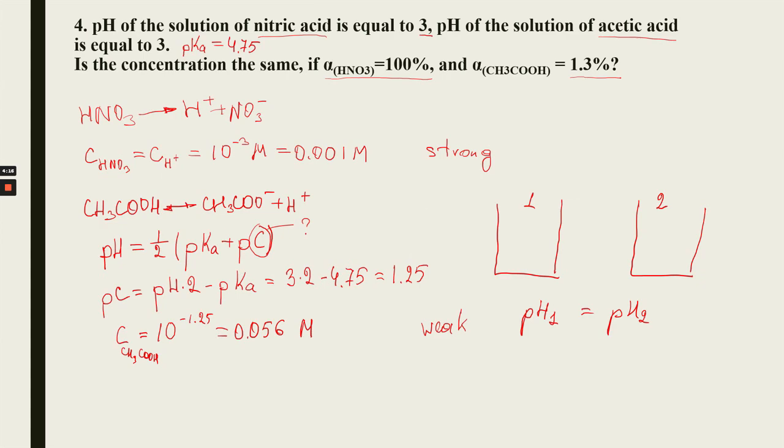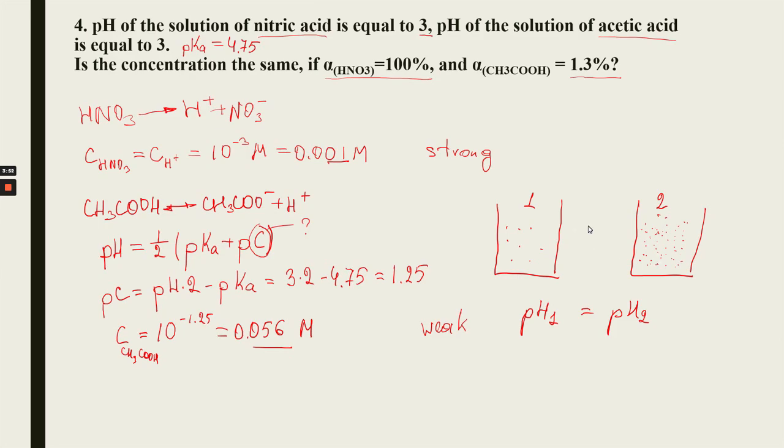So you see that the concentration in the weak electrolyte solution is 56 times higher than the concentration in the strong electrolyte solution. So the strong electrolyte is a diluted solution. The weak electrolyte is very, very concentrated, 56 times more concentrated.